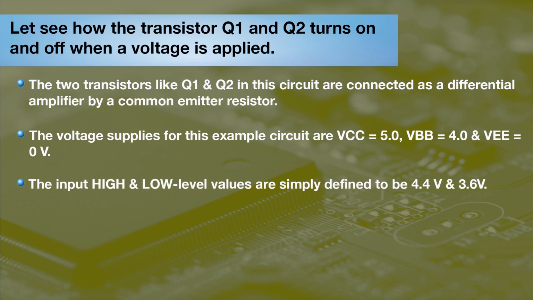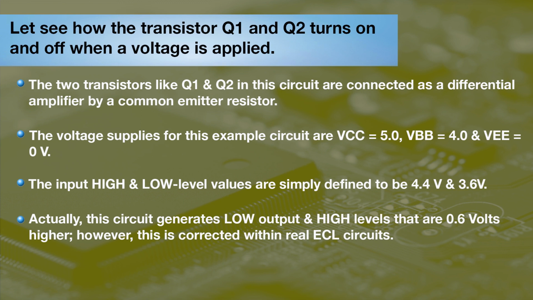The input high or low level values are simply defined to be 4.4 volt or 3.6 volt. Actually, this circuit generates low or high output levels that are 0.6 volt higher. However, this is corrected within real ECL circuits.